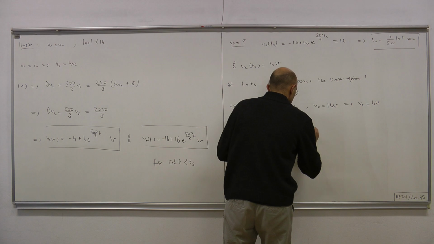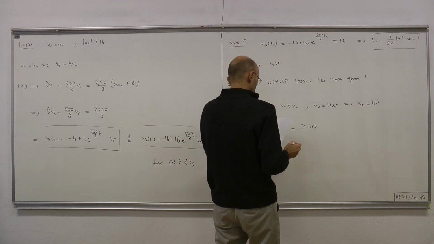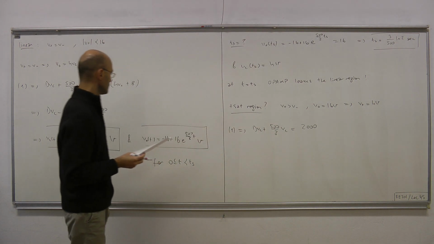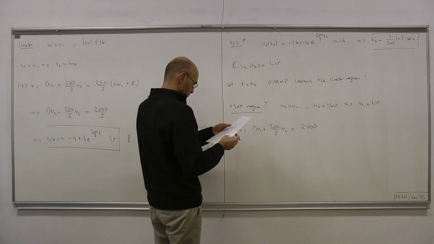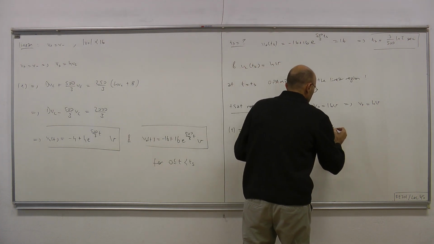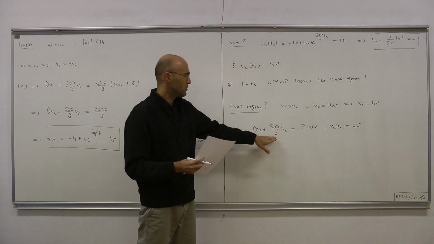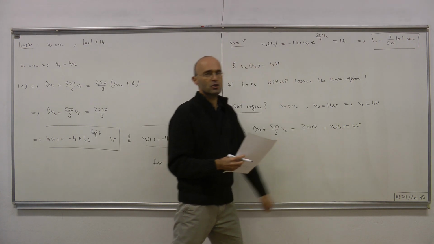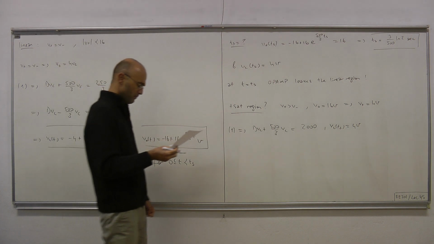Okay, you plug that in, and what we obtain is right hand side 2000. Then we see VC(Ts) is 4 volts. So we have the differential equation, we have the initial condition for the new initial time. So we can easily write VC(t).